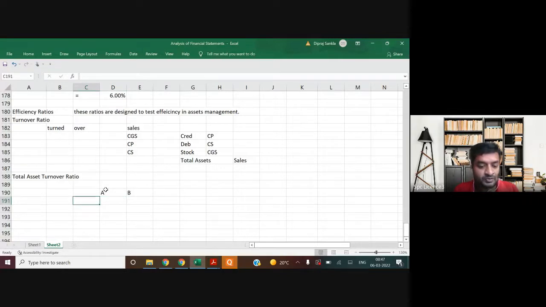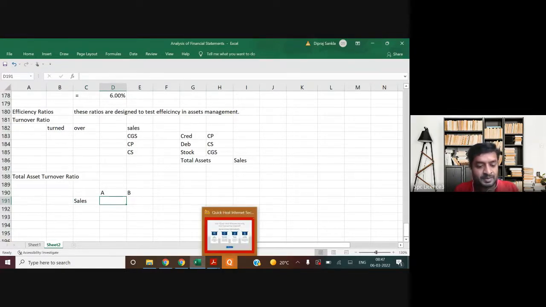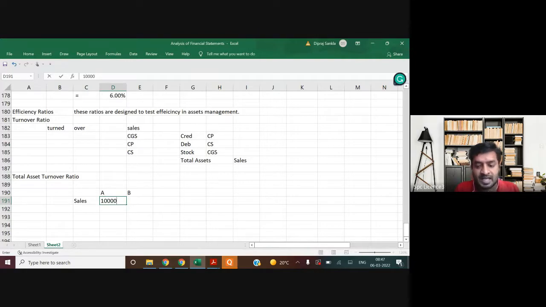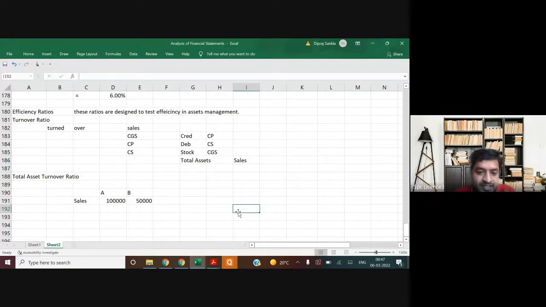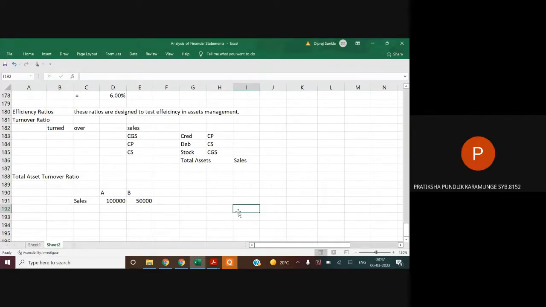I'm going to give you figures of sales. A company's sales value is 1 lakh rupees and B company's sales value is 50,000 rupees. Now tell me, which company's sale is higher, A's or B's? A. So which company is good at generating sales? A. Very good.